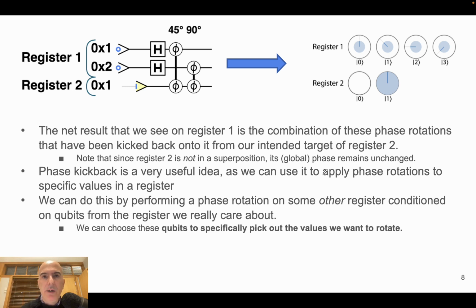Phase kickback is a very useful quantum circuit, as we can use it to apply phase rotation to specific values in a register. We can do this by performing a phase rotation on some other register conditioned on the qubit from the register we really care about. We can choose these qubits to specifically pick out values that we want to rotate.